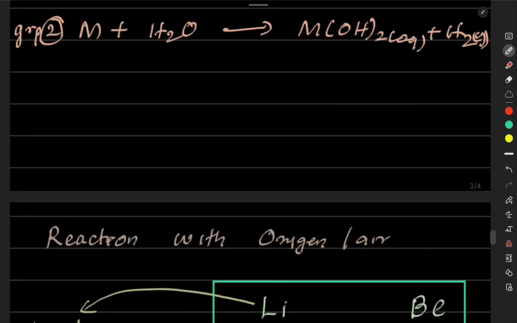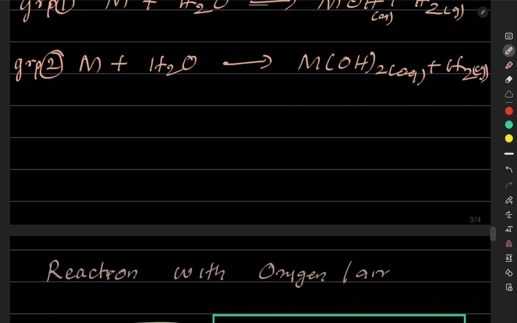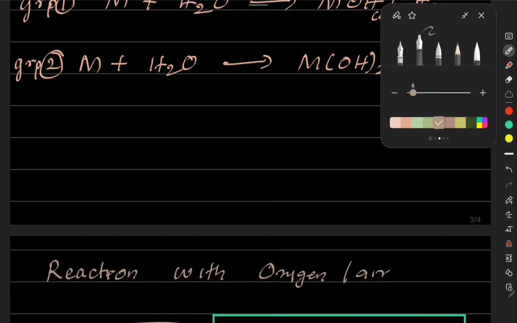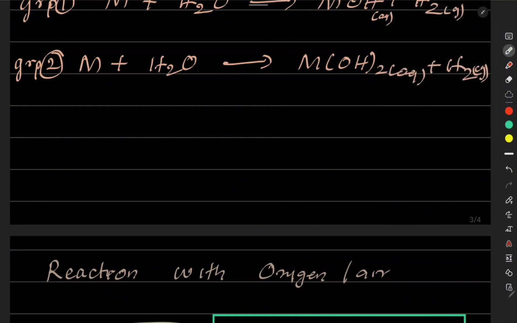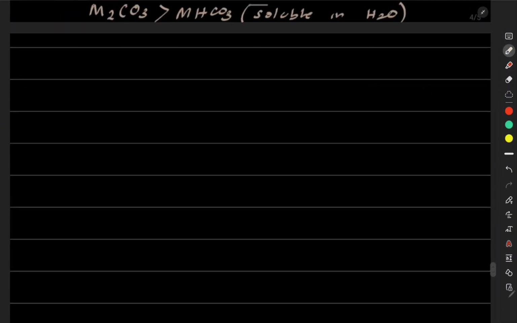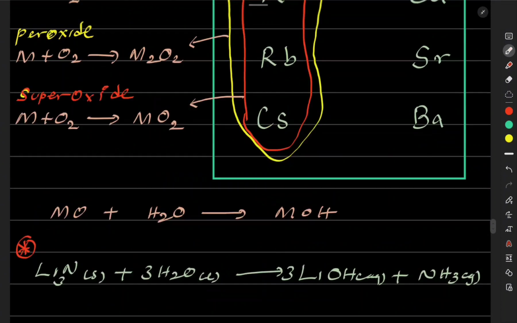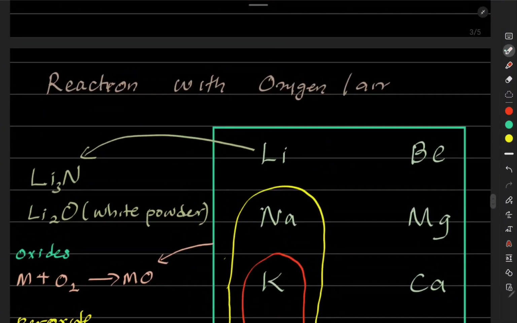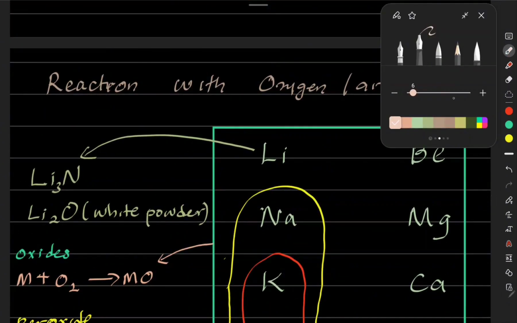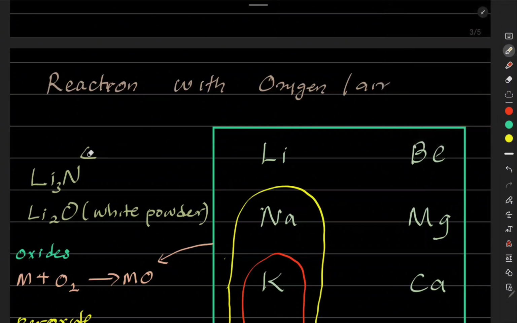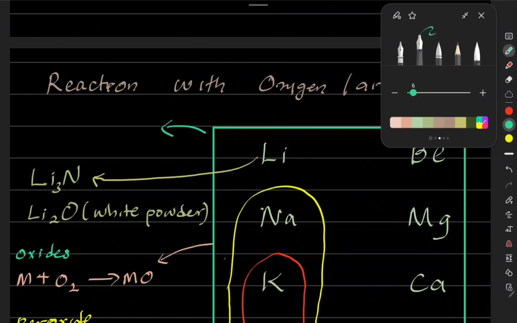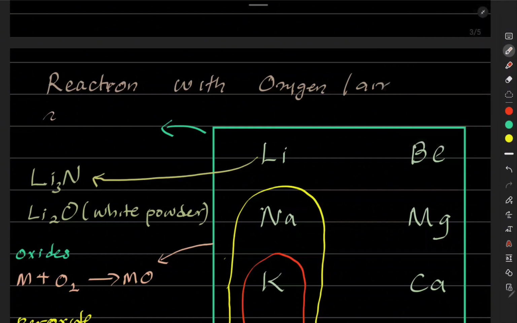We didn't see the reactivity of lithium with water. We'll continue. Also all the group 2 elements, the green box elements, react with nitrogen when burned.